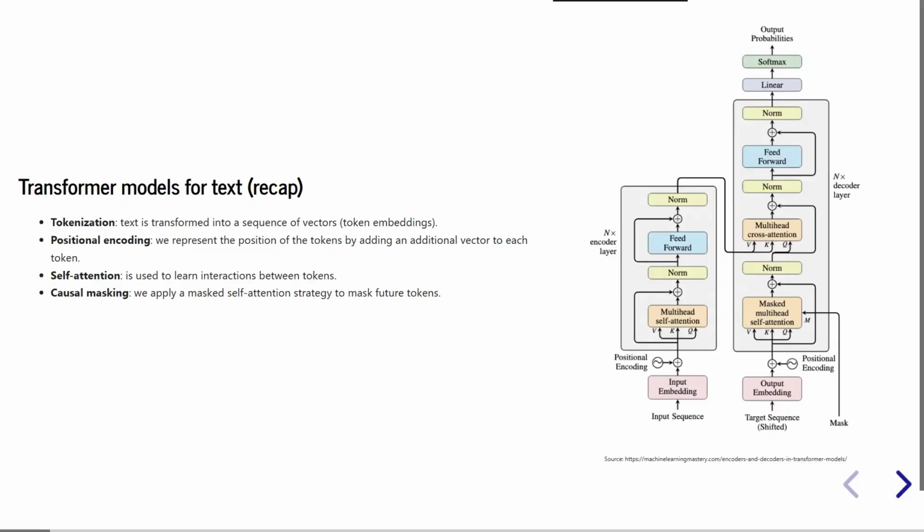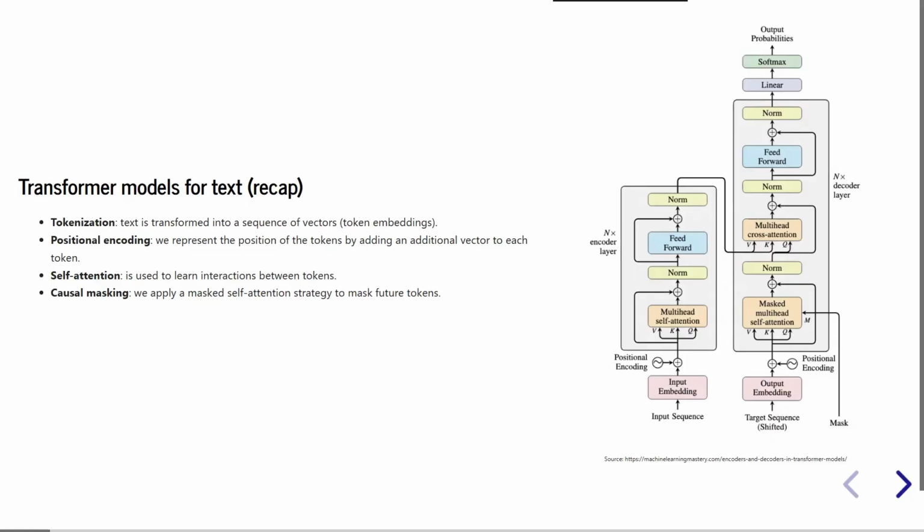The input sequence is provided as input to the encoder part of the transformer model and is tokenized into vector embeddings. Then a positional encoding is added to each of these token embeddings in order to keep track of the position of the token in the original sequence.